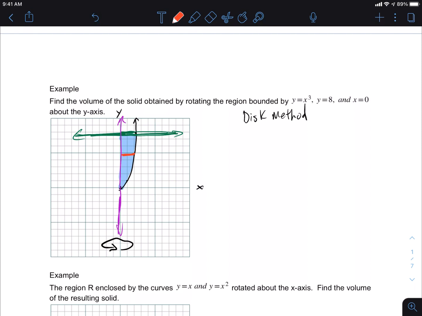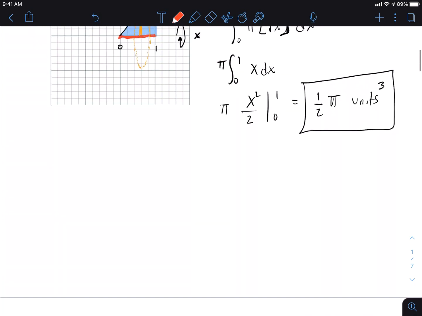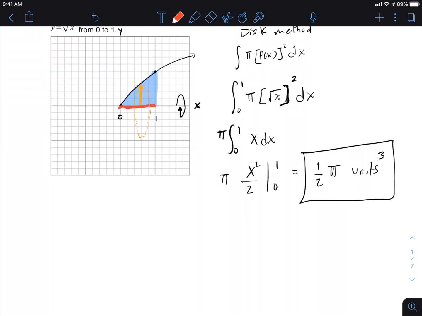It's the y-axis, and since it's the y-axis, we know that this is going to be a dy integration. This one up here, when my cross-sectional slice crossed the x-axis, made it a dx.